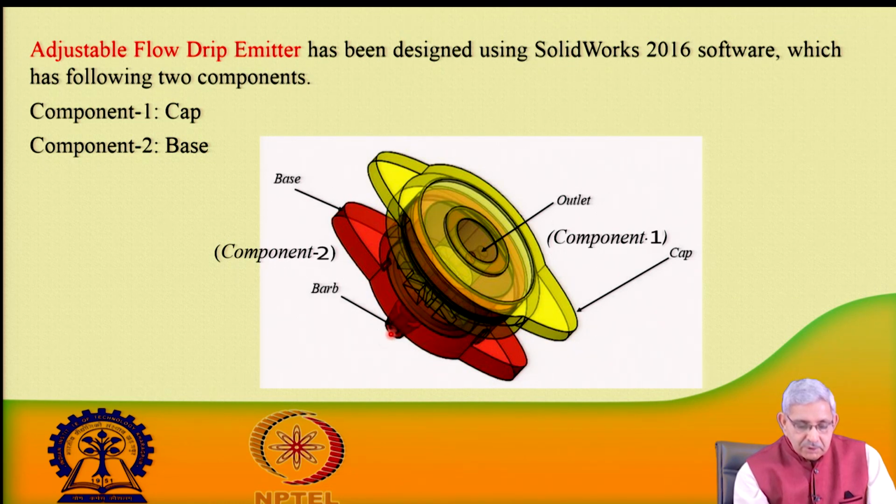We make a punch hole, and through the punch hole this barb is inserted into the lateral pipeline. On the top you see there is a component, and in it there is an arrangement where you can change the position from one position to the second position and then adjust the flow.